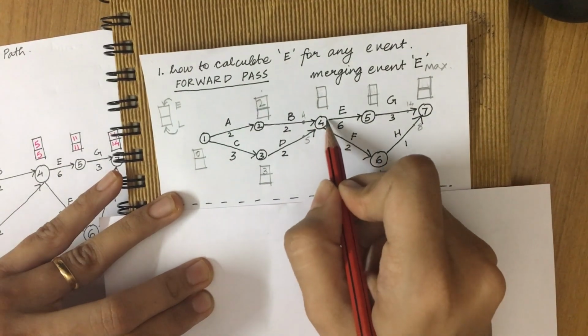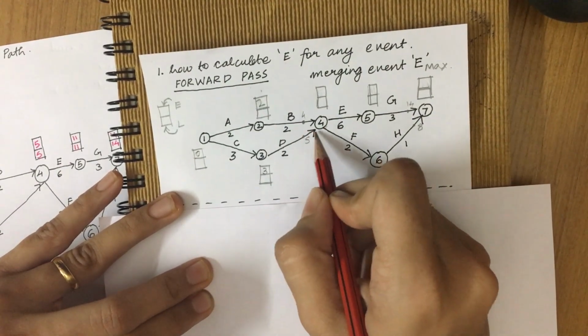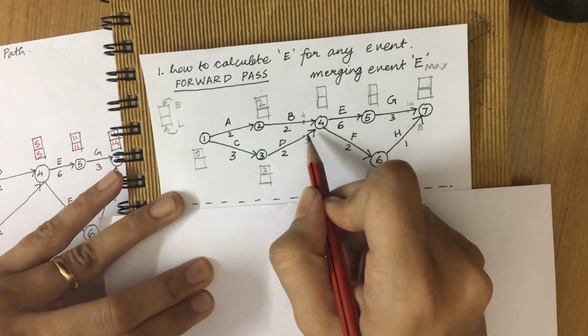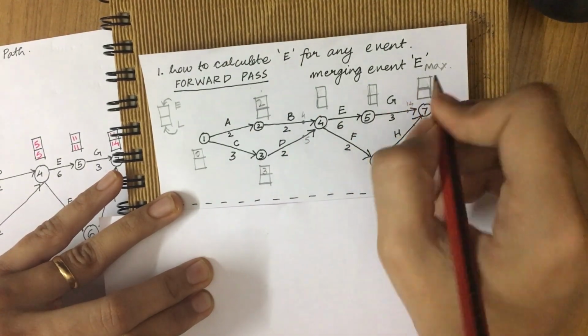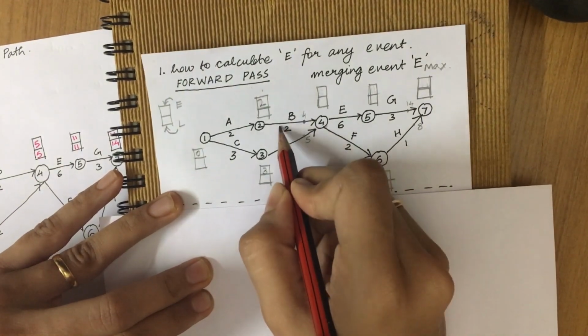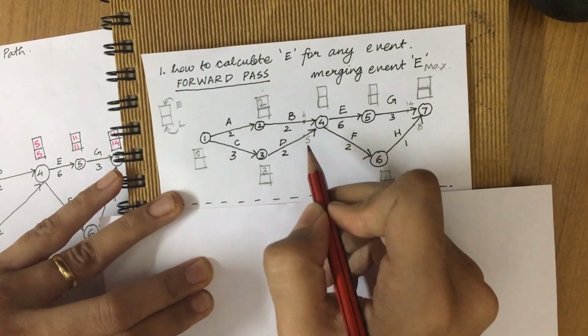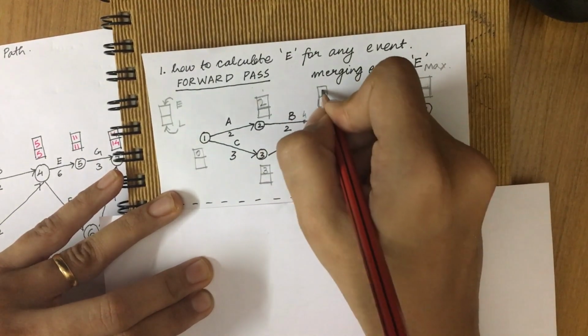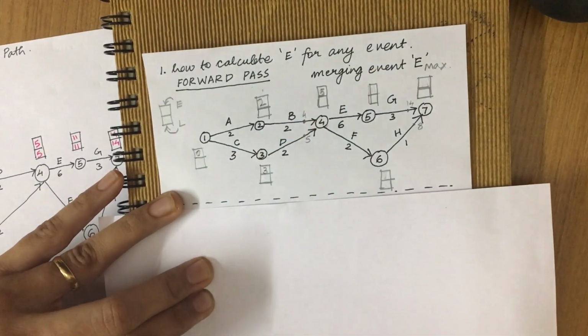Now if you observe the fourth event, it's a merging event where two different activities are merging into this event. So for this you need to take the maximum value for E. So E from this activity is 4 and E from this activity is 5. You need to take the bigger value, so we'll take it 5.